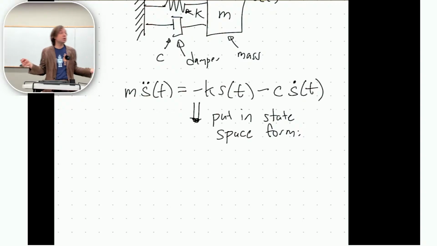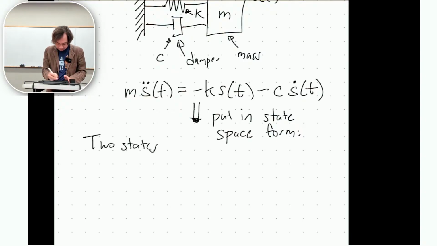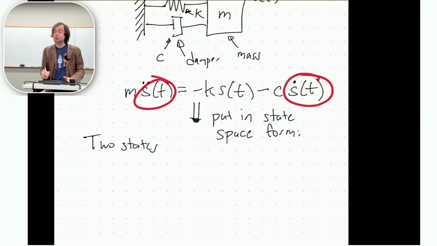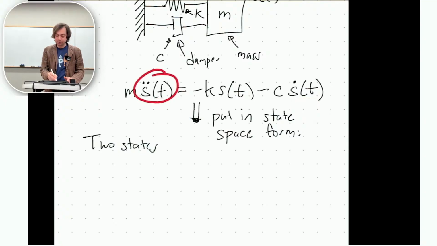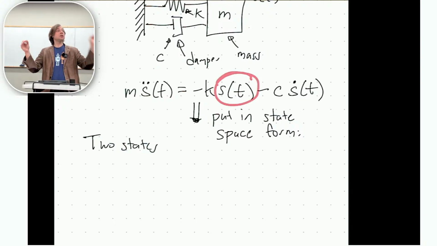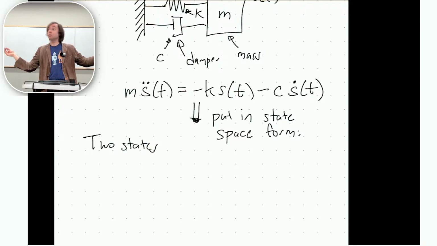There are 2 states. Why are there 2 states? Well, if you go through my patented formula, you would go through all of your independent variables here. So you have an S, and you say, what is the highest order derivative? It's 2. What's the lowest order derivative? S of t is a 0th order derivative. That's 0. 2 minus 0. Mathematicians will tell you it is 2. So there are 2 states.